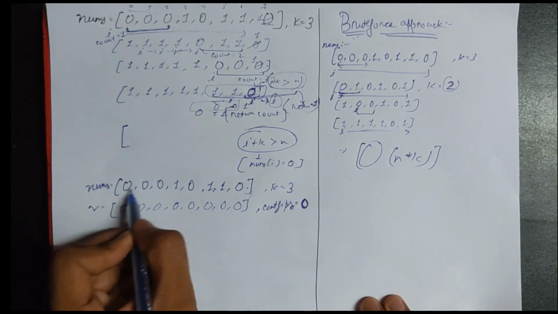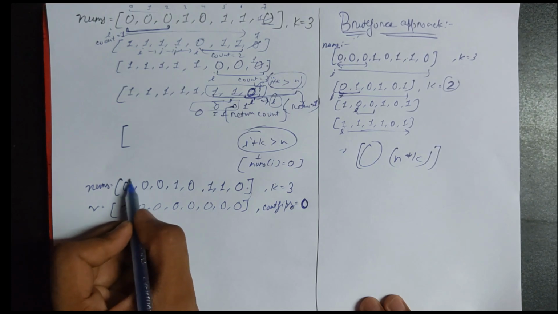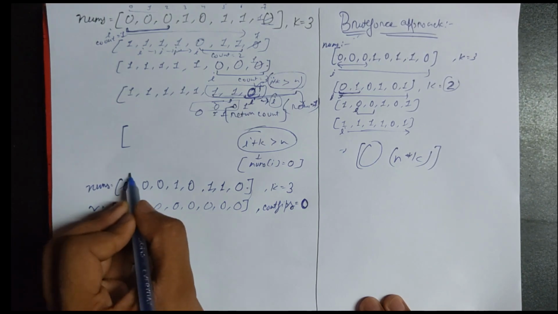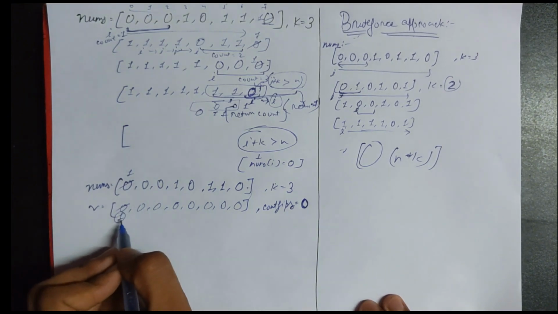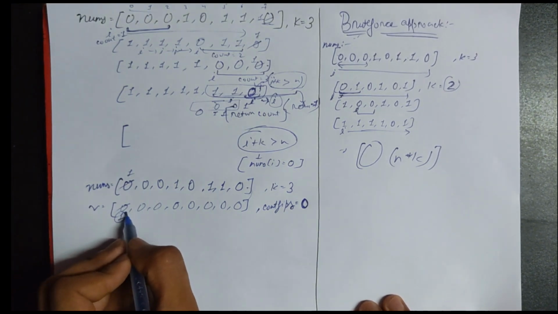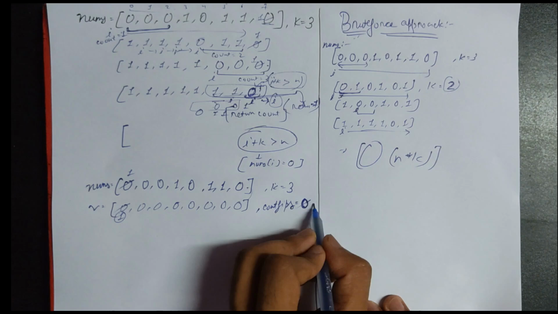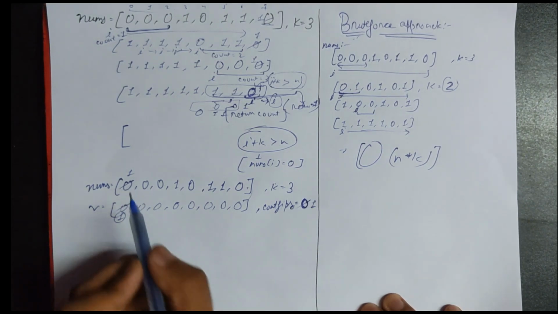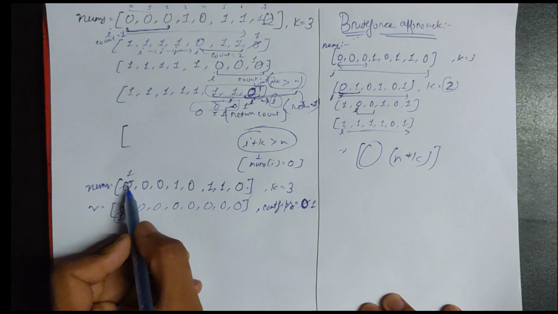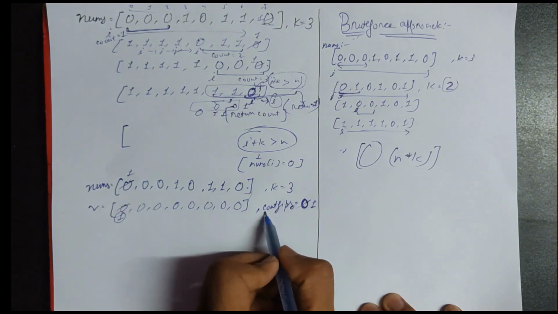Like at this point we have to toggle the value because it is 0, so we will change this value and mark it as 1. This shows that at this point the value of count flips was increased. If we flip any number at any point, we have to increment the value of count flips.